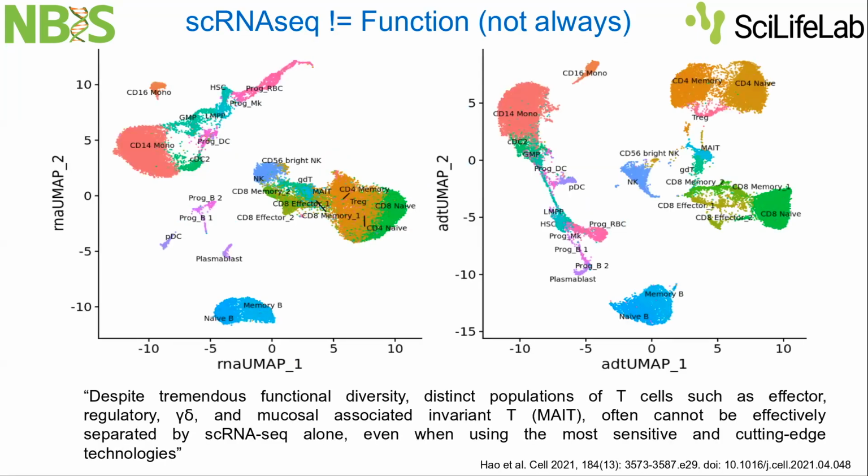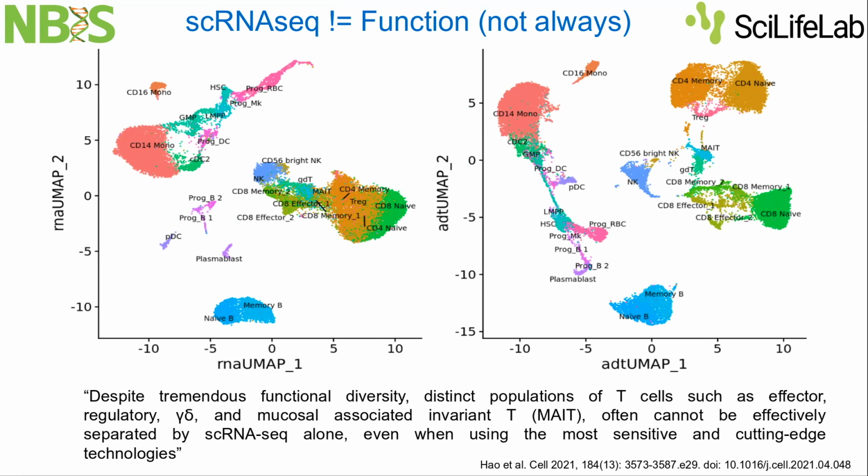The idea here, which was pointed out in one of the Satija papers, is that single cell clusters based on single cell RNA-seq gene expression do not guarantee that these clusters are actually functionally different cell types.